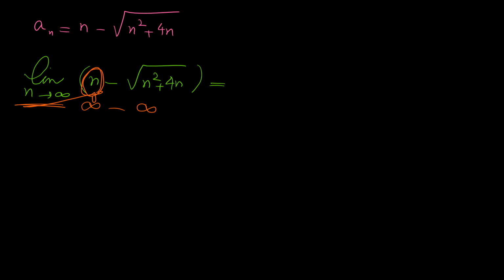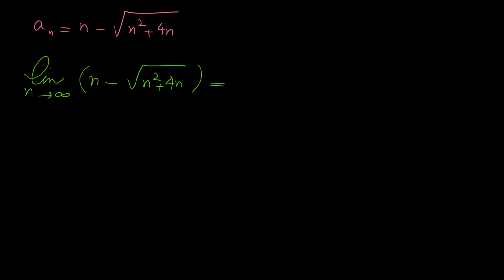So the n is infinity, minus this radical is also infinity because n approaches infinity and this radical approaches infinity. So we have infinity minus infinity. And we know that infinity minus infinity is an indeterminate form in the limits. So by substitution we cannot find anything. So we have to use the conjugate method.